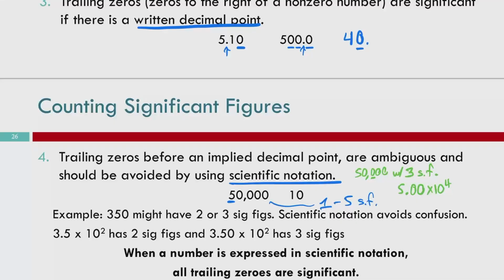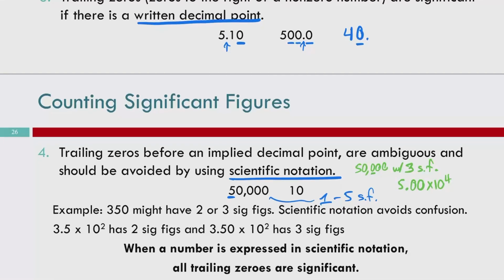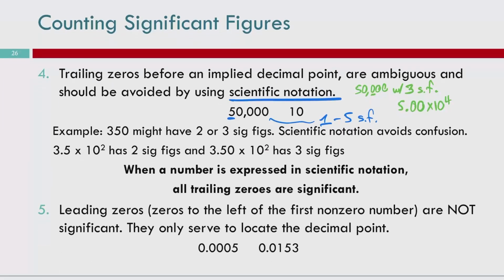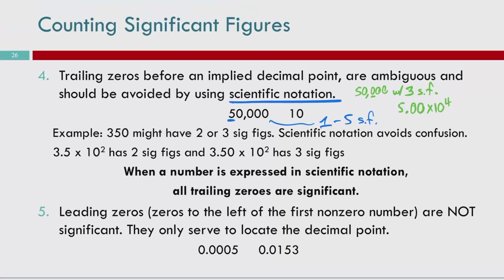And we've got one more rule. Our one last rule is that leading zeros are not significant. So like in numbers that are smaller than 1, oftentimes those leading zeros will not be significant. Always they'll not be significant.